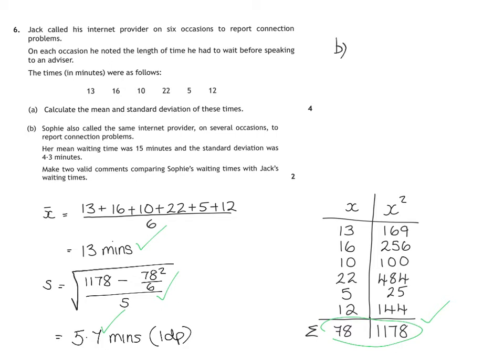So when we're doing this, there's really specific phrasing that they're looking for. So standard deviation is to do with consistency. So we need to make a comment to do with the means. So if we look at it, the mean for Jack was 13 minutes and the mean for Sophie was 15.